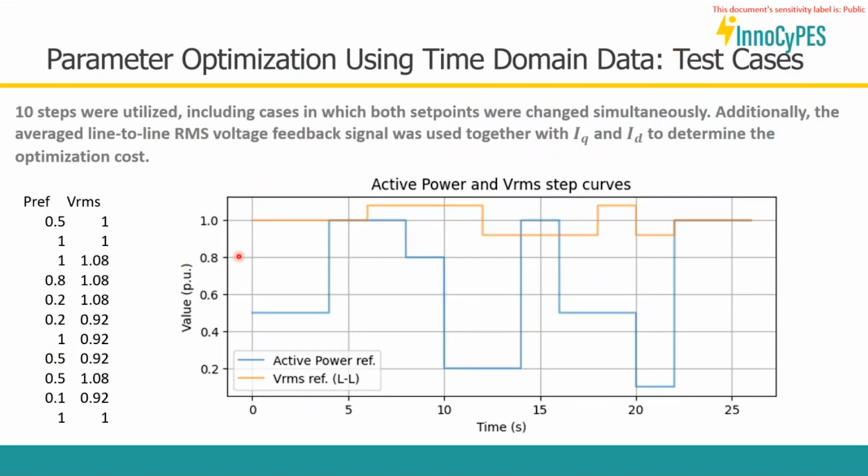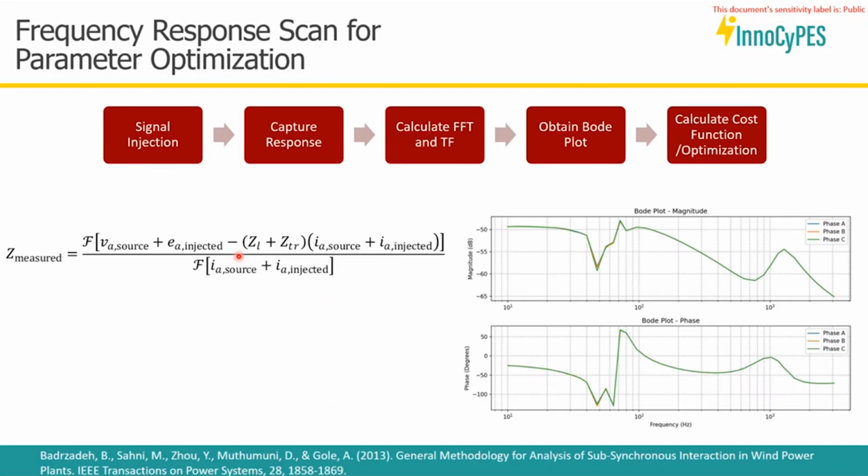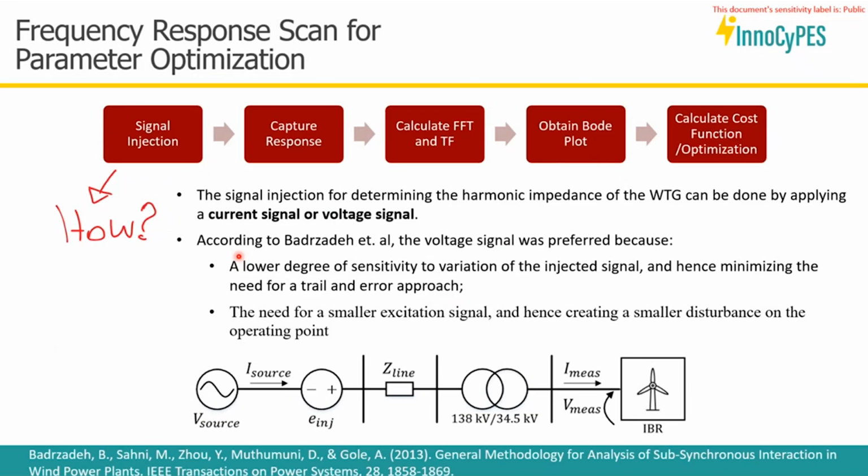So regarding the parameter optimization, use time domain data. You could do it in different ways. Here, the way that we decided to do it, we performed some step changes and captured the response of those step changes. Again, we are talking about the test cases that were performed.